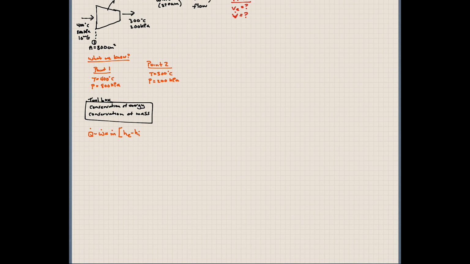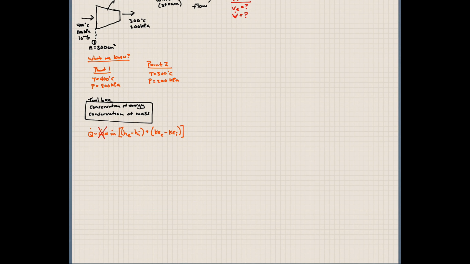And since this is a nozzle, I'm going to go ahead and consider the kinetic energies also. So we have kinetic energy of the exit minus kinetic energy of the inlet. Well, there's not any boundary work done here, right? We just don't have any since it's a nozzle system, so we can cancel that term.